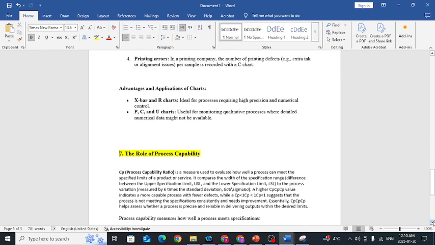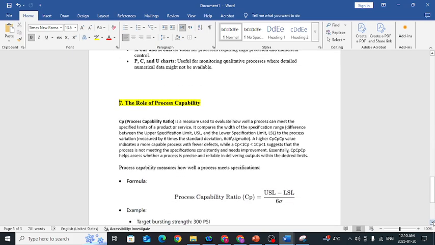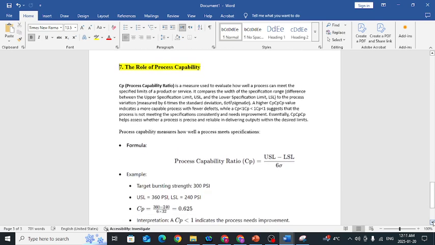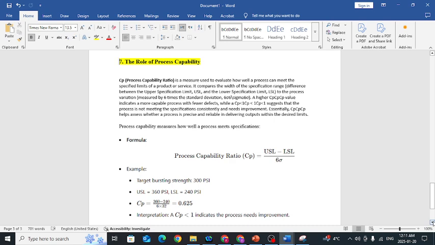So guys, the last one, we're going to talk about the role of process capability. What's this? Cp, the process capability ratio, is a measure used to evaluate how well a process can meet the specified limits of a product or service.